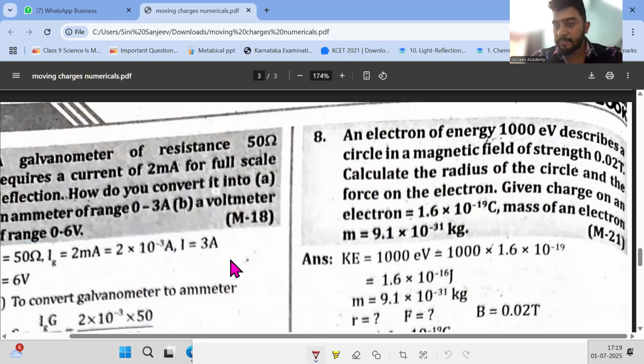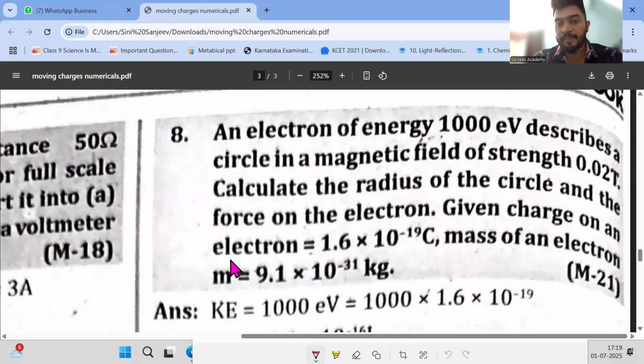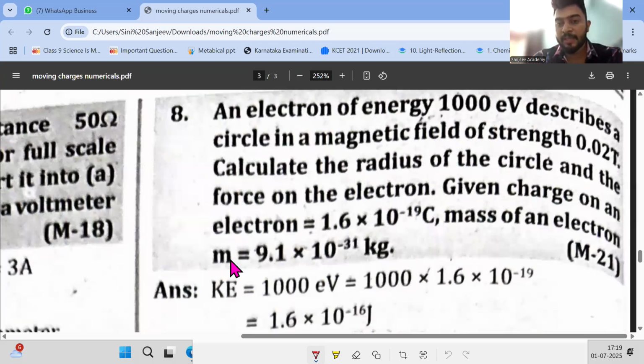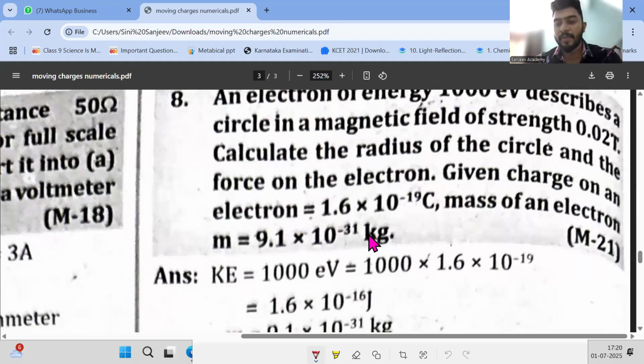Next one, this is the question which I'm going to do. An electron of energy 1000 eV describes a circle in a magnetic field of strength 0.02 Tesla. Calculate the radius of the circle. Then they have given the charge of an electron 1.6 into 10 power minus 19, mass 9.1 into 10 power minus 31.